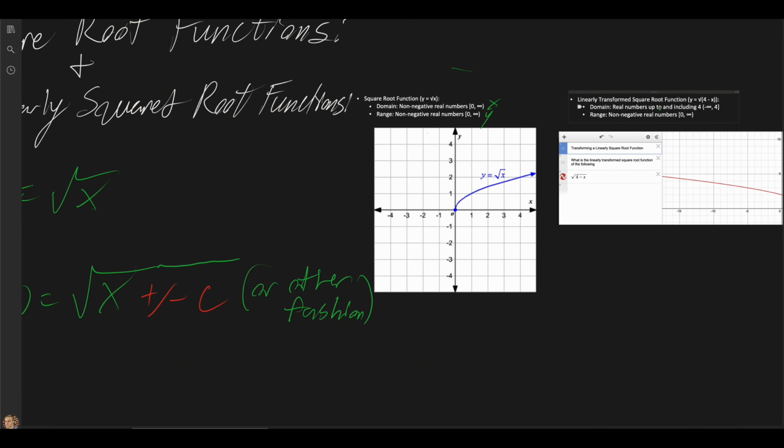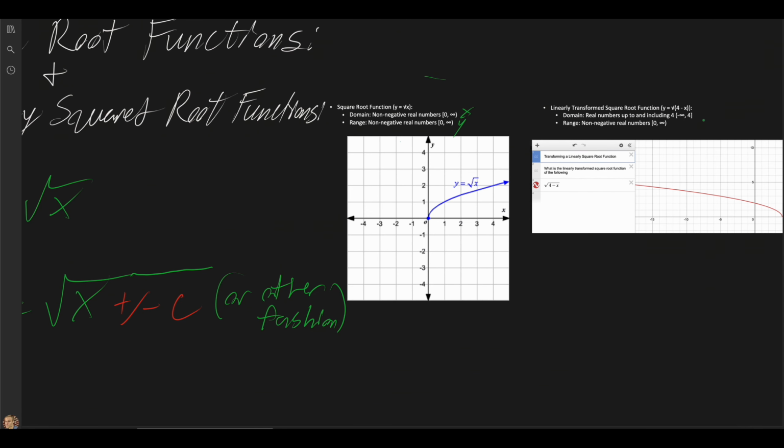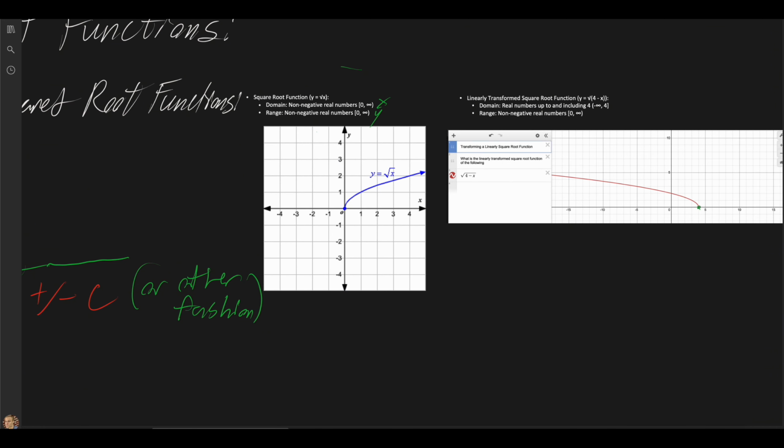Now, if we were to have a case where we are subtracting x from 4, technically what would happen is that there's going to be 4 over here on the x-axis and 0 as well. It's going to go all the way out to negative infinity as we are subtracting, since we have a negative over here.